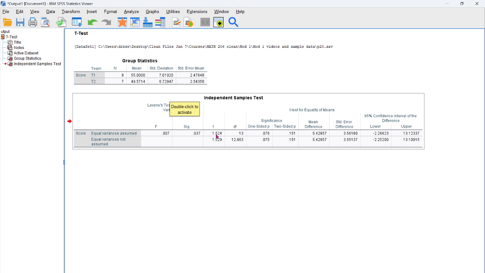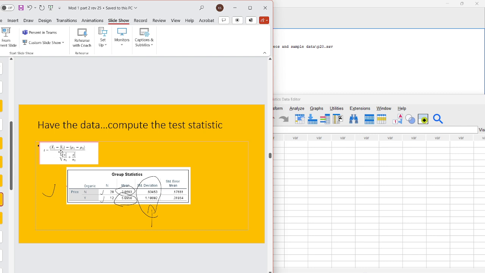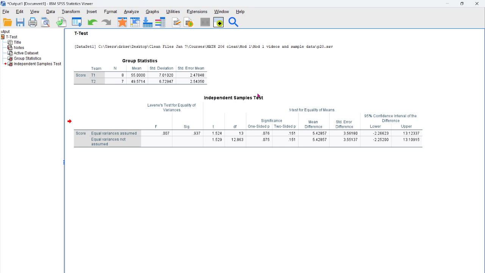So we're reading the first line. The t statistic is 1.524. Again, that would be the value if you were to do this and actually hand calculate it, which you could do, but you don't have to. And so 13 degrees of freedom comes from two groups, and then 15 minus 2.